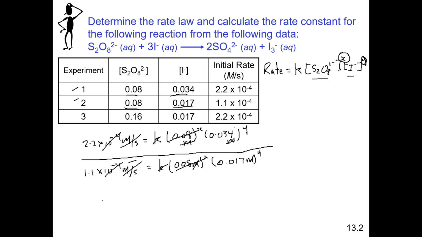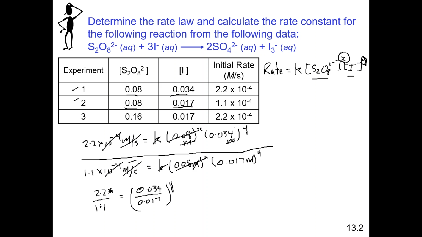So what we'll be left with is 2.2 divided by 1.1 equals 0.034 over 0.017, all raised to the power of y.